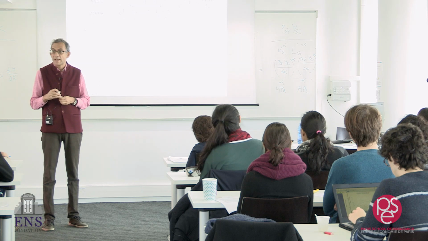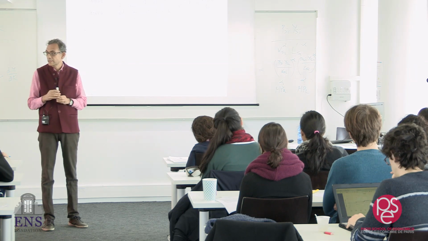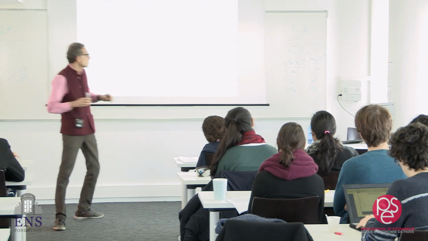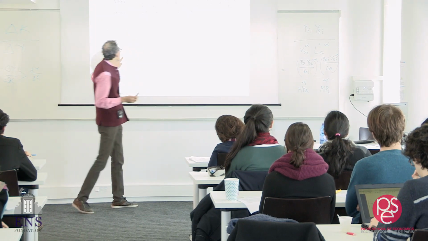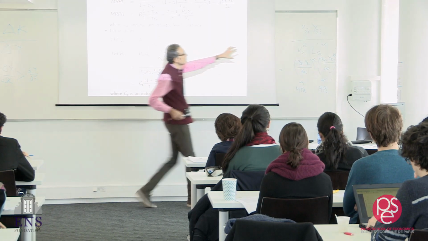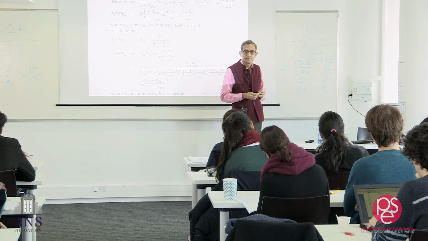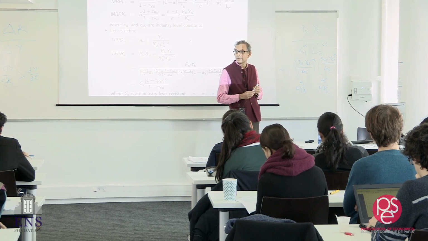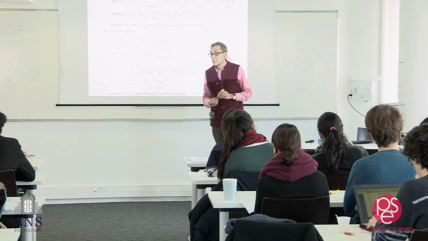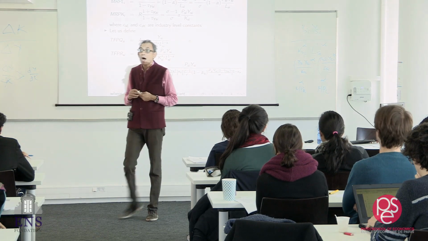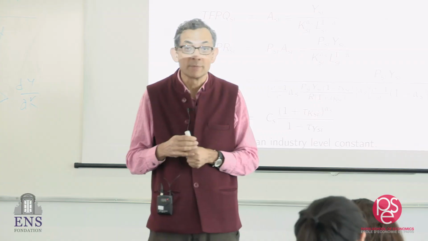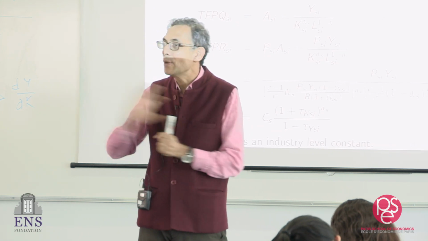If marginal products were equal everywhere, which is what the aggregate production function requires, what would I say about TFPR? This number, which is this number here. They'll be equal. TFPR must be equal across all firms if the marginal products are equal.